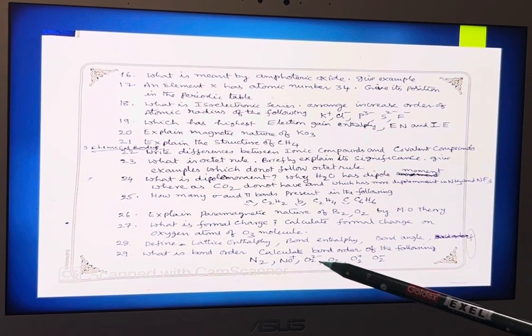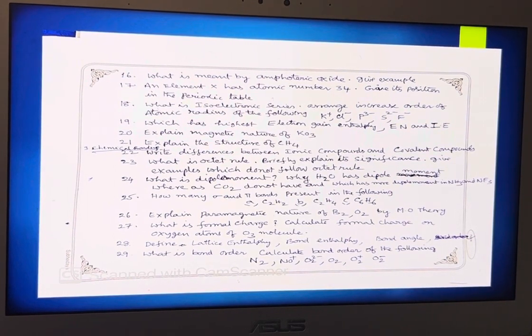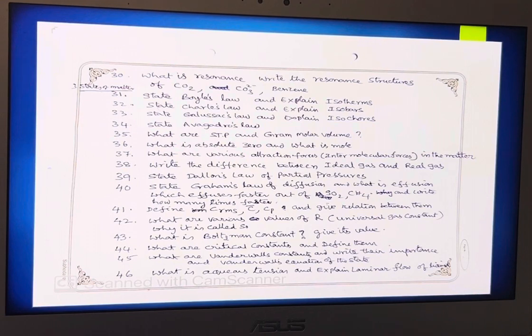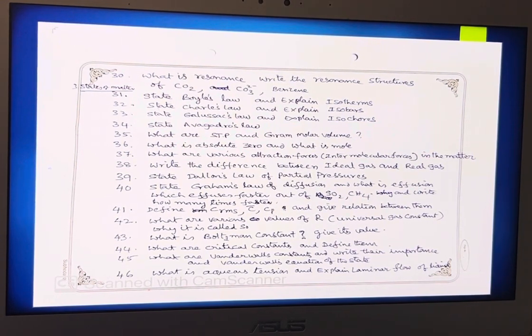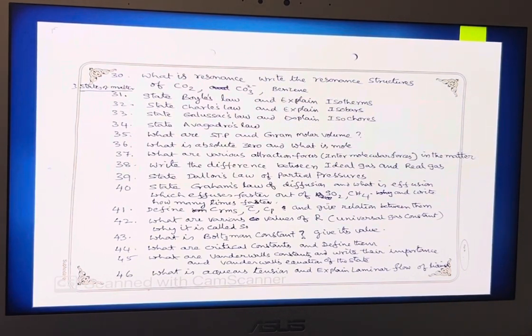This is peroxide, this is superoxide, KO2, potassium superoxide. What is resonance? Write the resonance structures of CO2, CO3 2 minus and benzene.